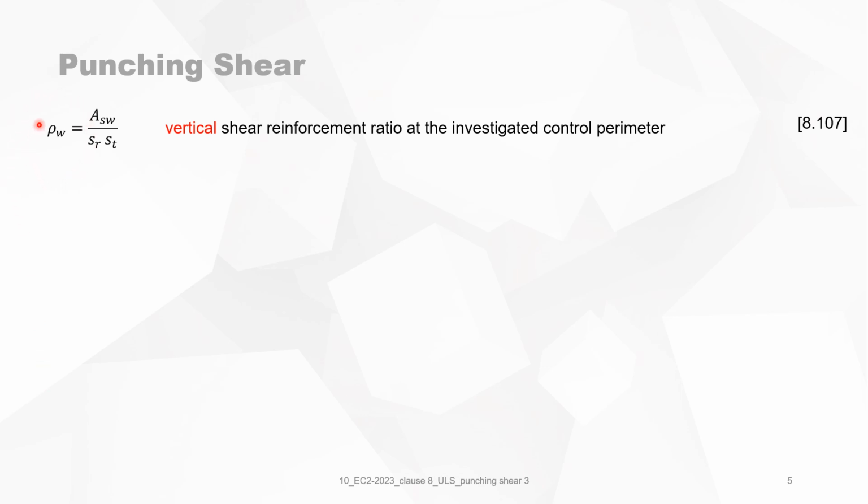Rho W, the shear reinforcement ratio, is equal to ASW divided by the radial spacing divided by the tangential spacing. This formula, formula 8.107, is valid for vertical shear reinforcement at the investigated control perimeter.